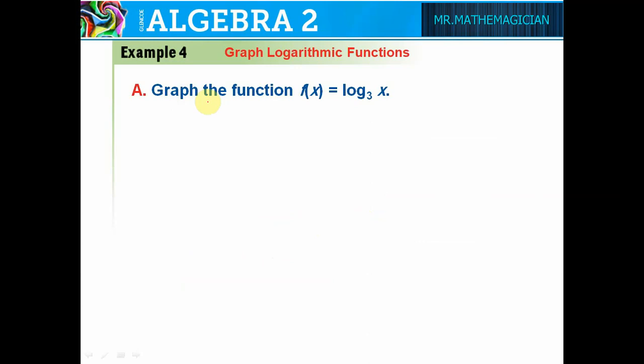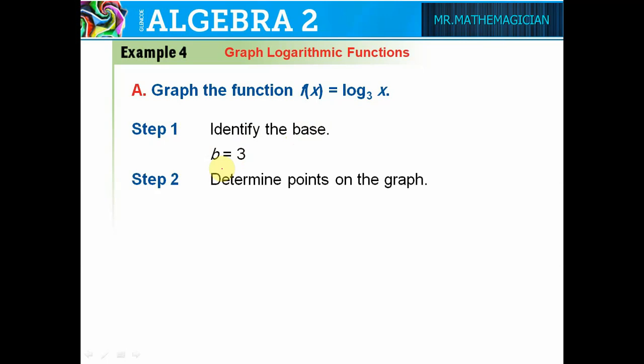Now, graph the function f of x equals log x base 3. Step number 1, identify the base. The base is 3. Step number 2, determine points on the graph.